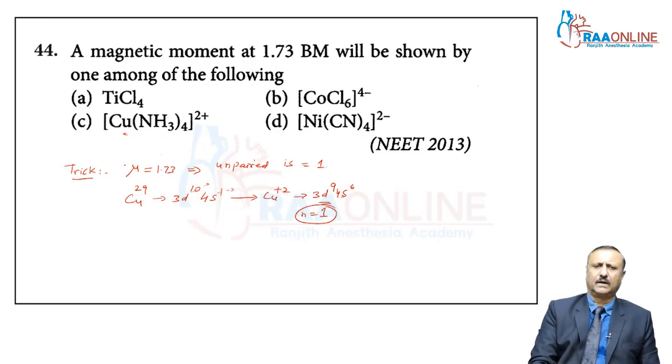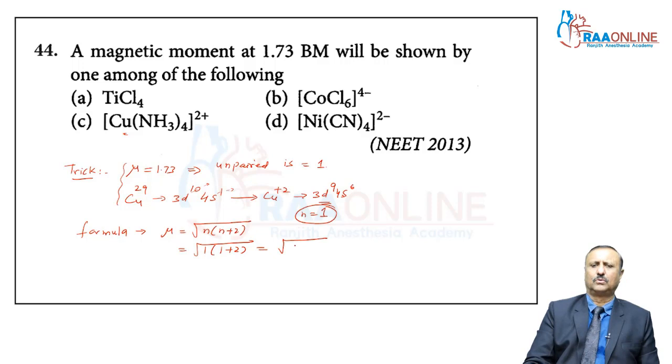This is the trick. You can also calculate it by the formula. And what is the formula? Magnetic moment is equal to root of n into n plus 2. Here, when you put the value of unpaired electrons, that is 1 into 1 plus 2, you get root 3, 1 into 3 means 3. And my dear students, root 3 is 1.73 Bohr magneton.